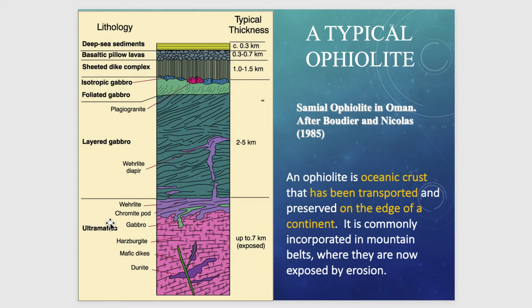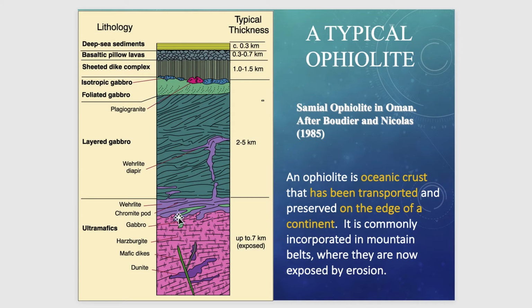So for example, chromium could be concentrated in pods, and we might form wehrlites, which are rocks that have an increase in plagioclase and also pyroxene, and so we lose the olivine, which is actually being captured by restitic rocks such as harzburgites and dunites.